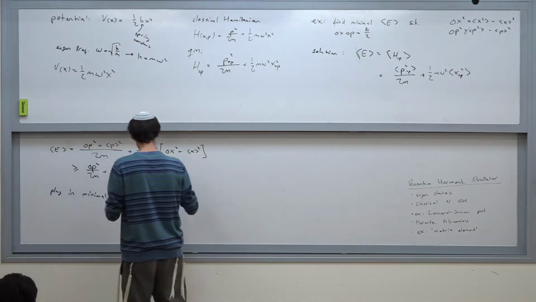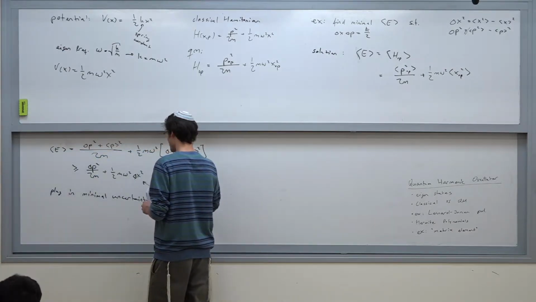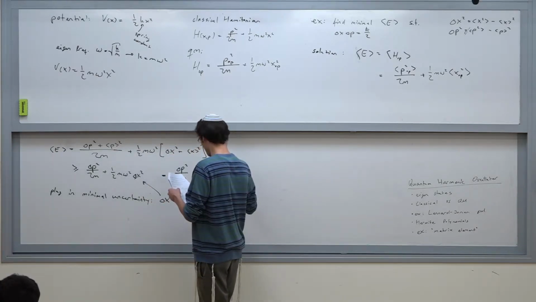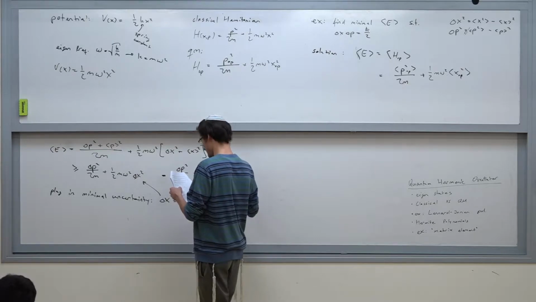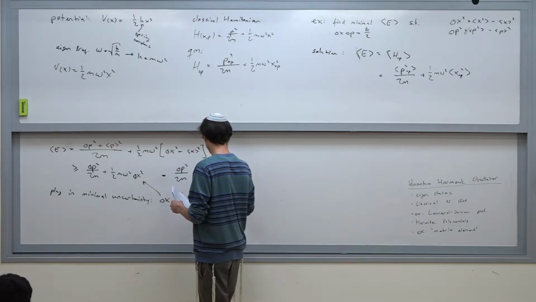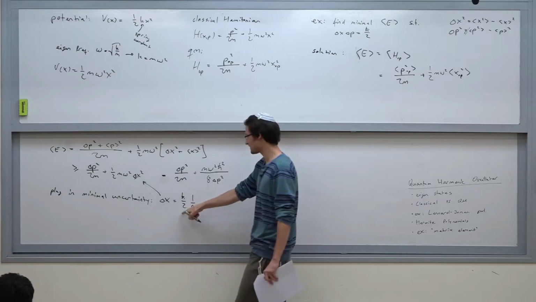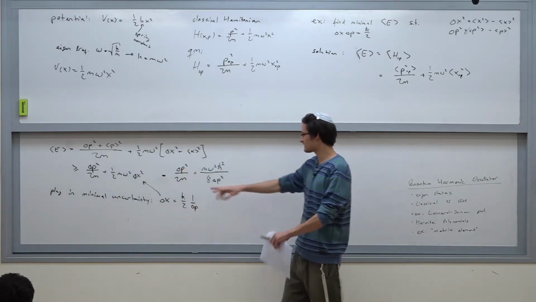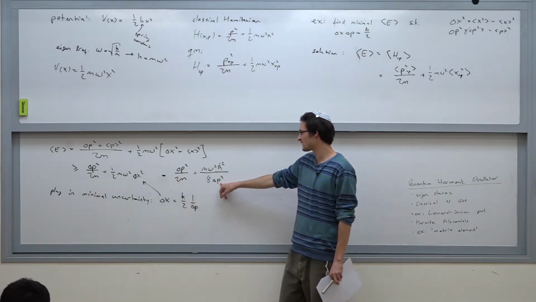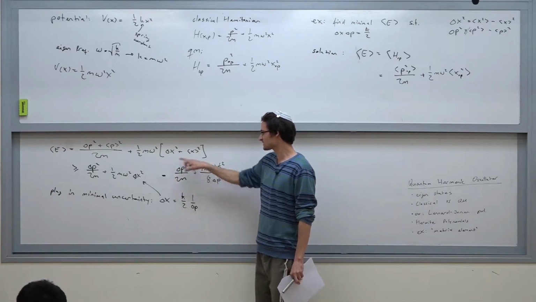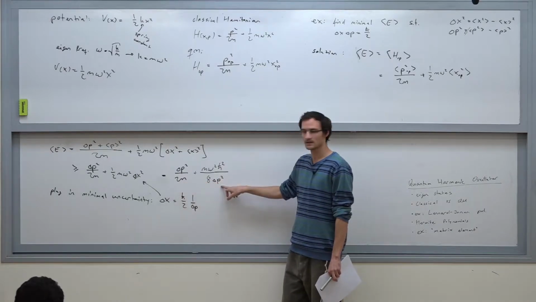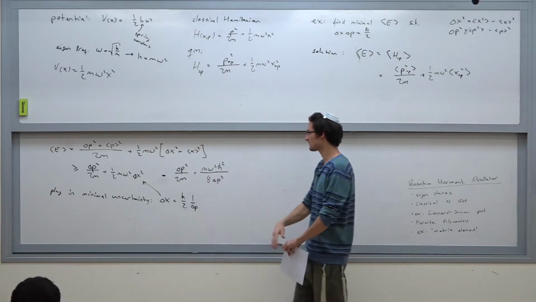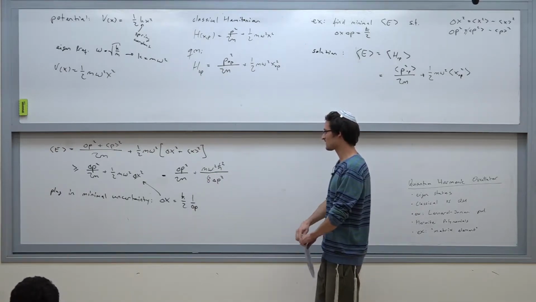So this will be equal to delta P squared over 2m plus m omega squared h bar squared divided by 8 delta P squared. You take the square of this and then plug into here. So you see that the energy as a function of the uncertainty in momentum, this term increases and this term decreases as delta P grows. So again, you see there must be some minimum to this function, and this is the minimum we want to find.